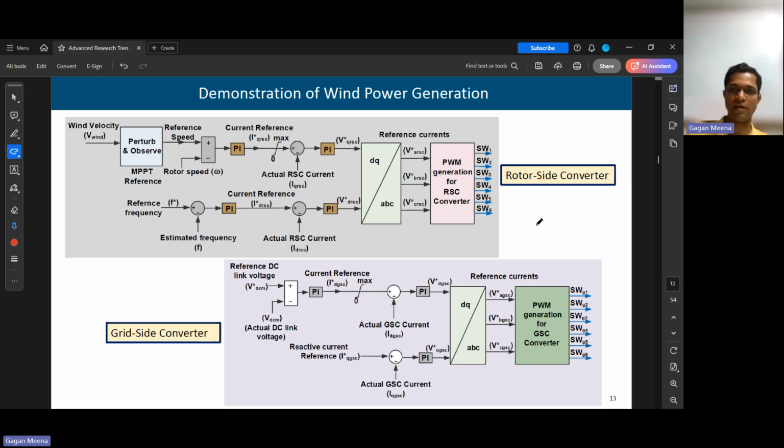Then we have the two converters, the rotor side converter and the grid side converter.